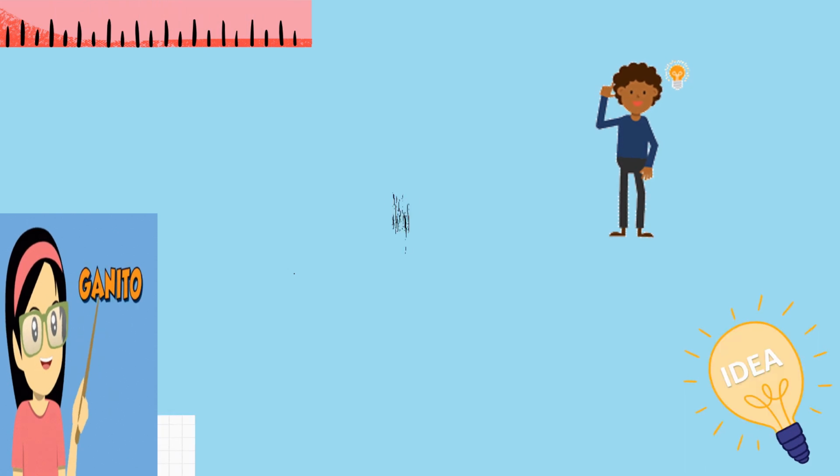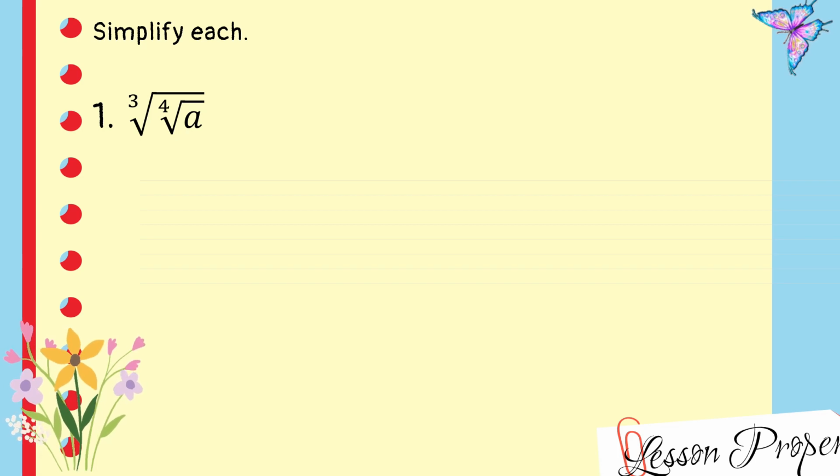So for example, the cube root of the 4th root of a. Alright, so we have to multiply the roots, or the indices, 3 and 4.